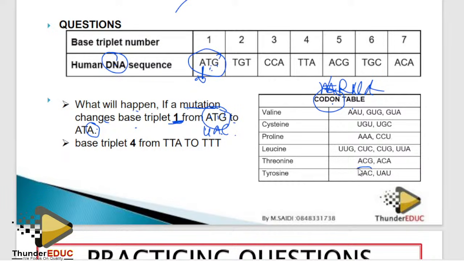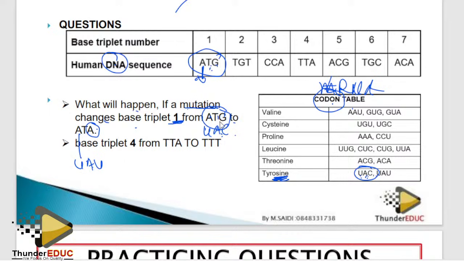UCA is tyrosine. Then what about this? Now I change it again. It's going to be UAU. What does it mean? UAU is also tyrosine.